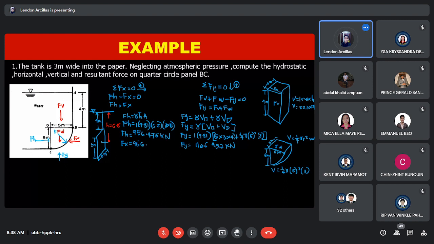Okay. So, ang F_y and F_x is, diba equal lang tong F_x and F_y, H. So, mayroon na tayong horizontal forces and vertical forces. Makukuha na natin yung resultant F or resultant hydrostatic force sa gate using Pythagorean theorem. So this is F equal to the square root of F_y squared plus F_x squared. 1166.457 squared plus 956.475.